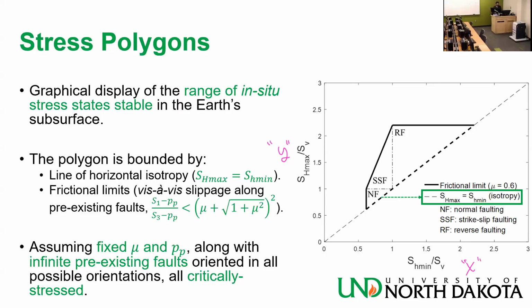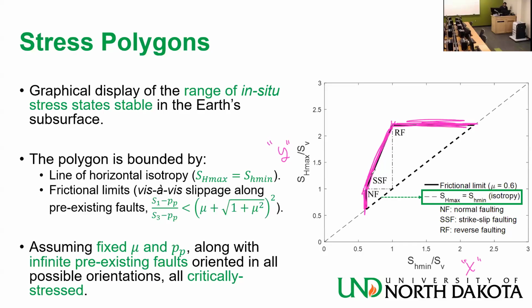Then I will proceed with the frictional limits. And remember, 3 lines. The easiest ones are this and this. The hardest one is this. So I will start from the easiest one. Let's start from the normal faulting line.